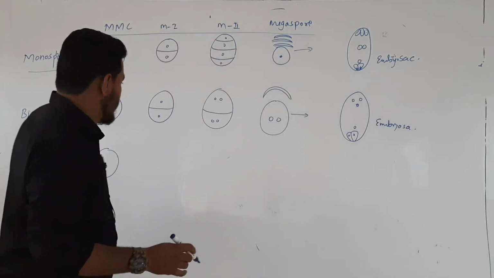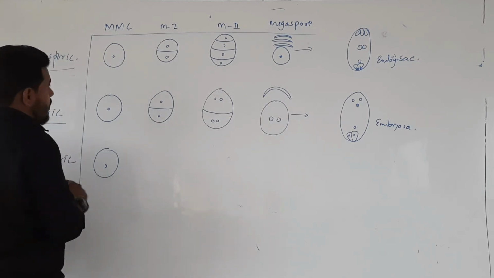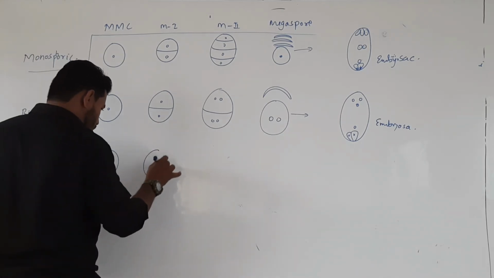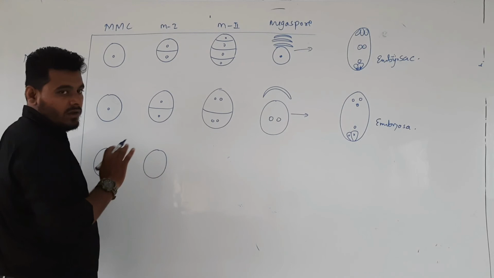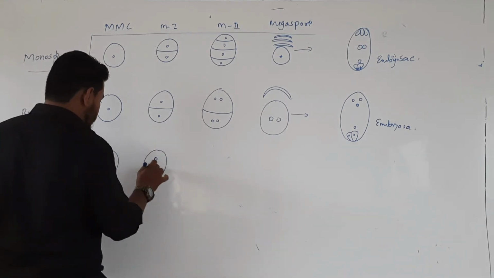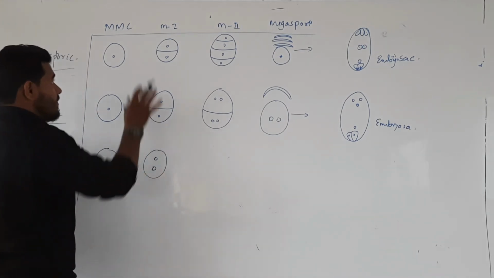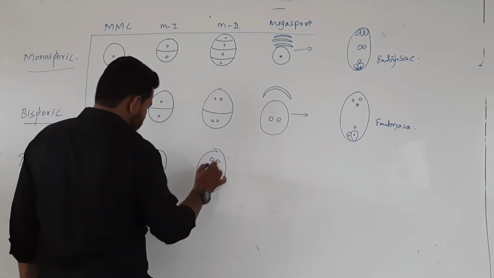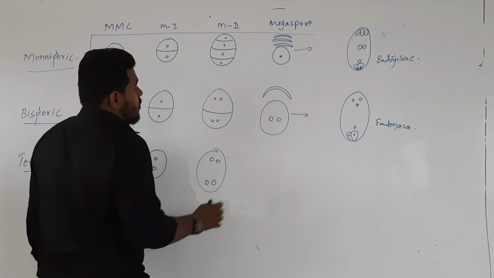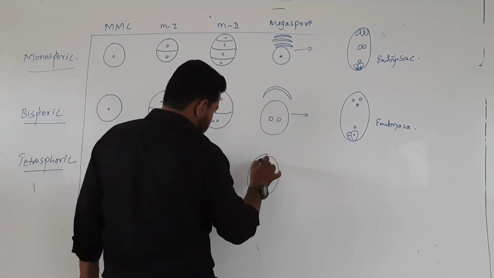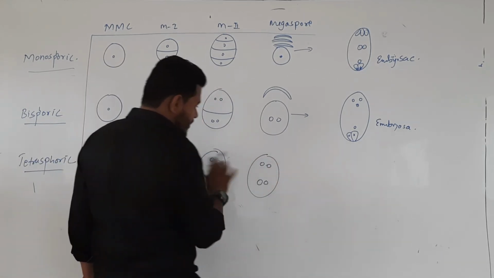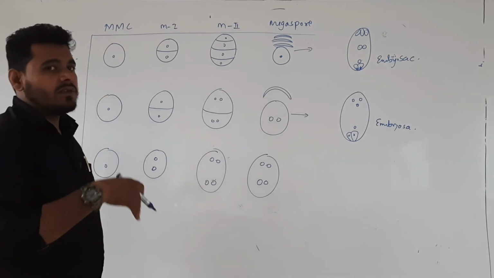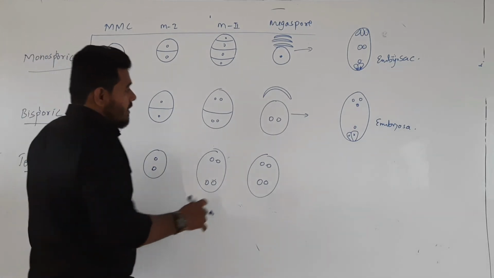So this type of embryo sac is developed. Okay, in tetrasporic type, there is no cytokinesis or formation of cell plate. There is just a free nuclear division in meiosis 1 as well as meiosis 2, and when it forms the megaspores, there is no degeneration of cells, because all of them remain.